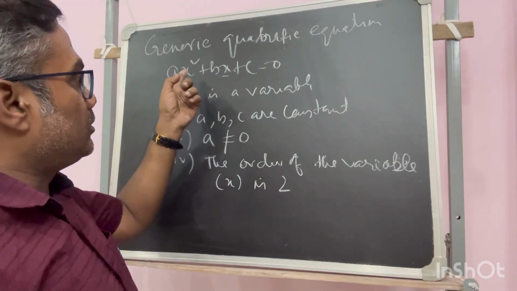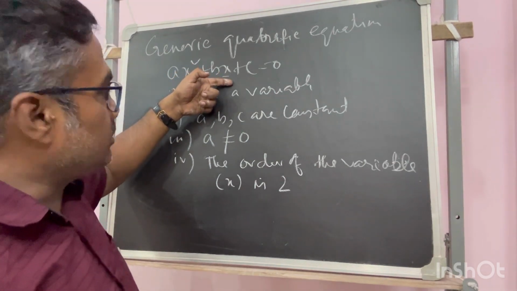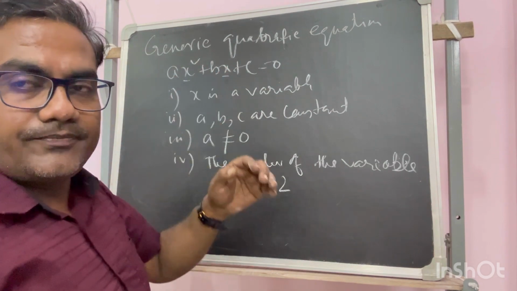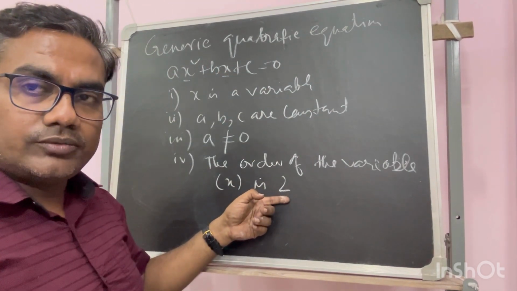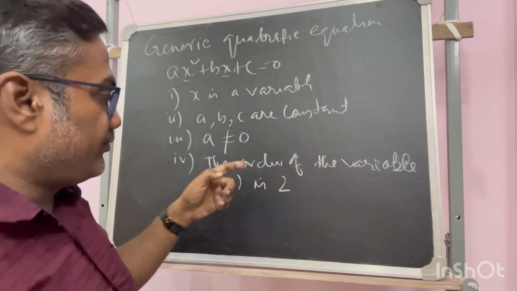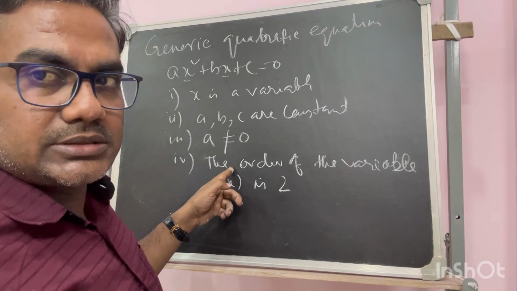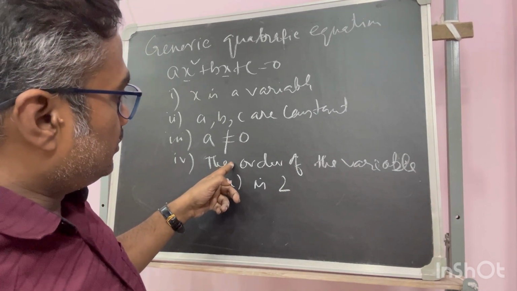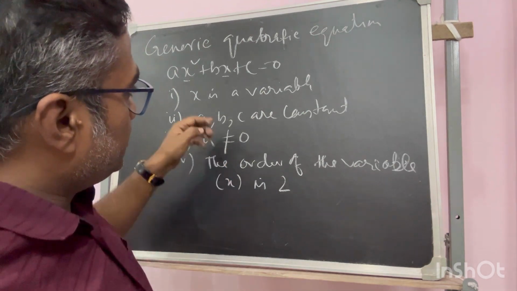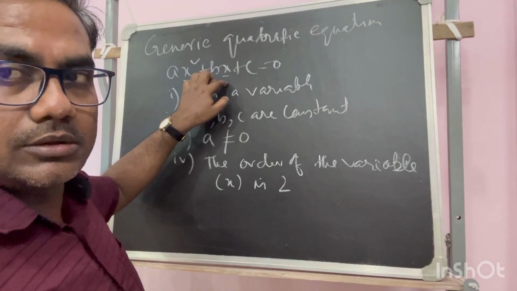So that will define the order, because when you say the order is 2, that means it's not that only order 2 will be there. There may be a possibility of order 1 also being there, because that is not exceeding the number 2. If I write maximum order, we can be confused whether order 1 also will be there or not.